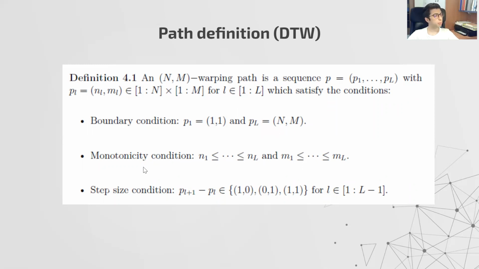The monotonicity condition is to build a path that moves forward in both series, and the step size condition: we can only do a step of size 1, that can be 0,1, 1,0, or 1,1.